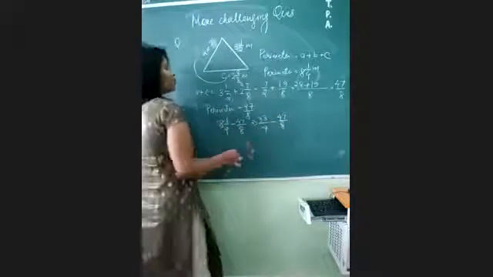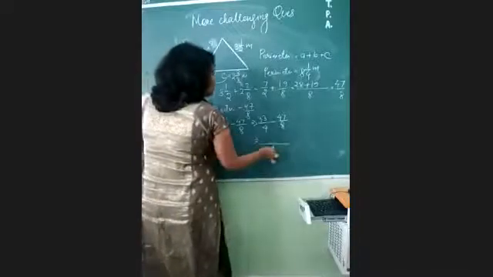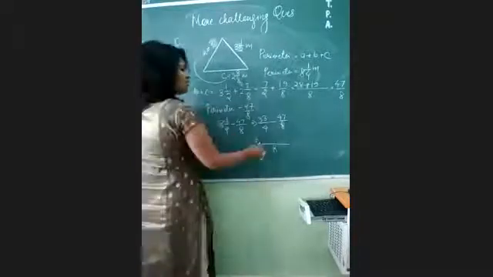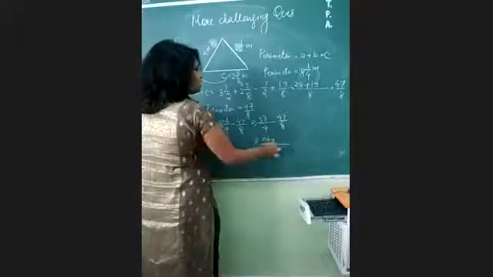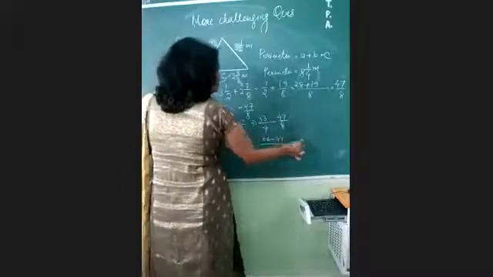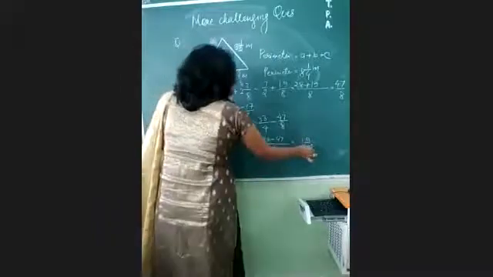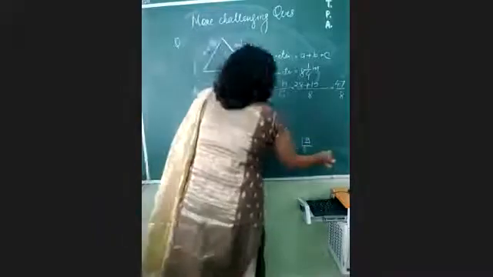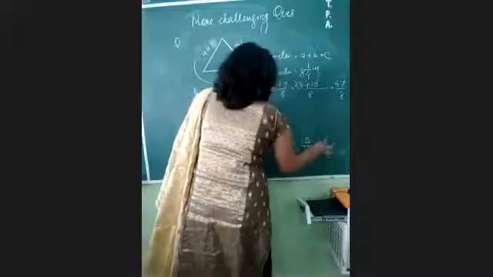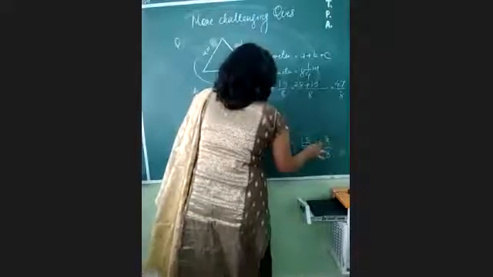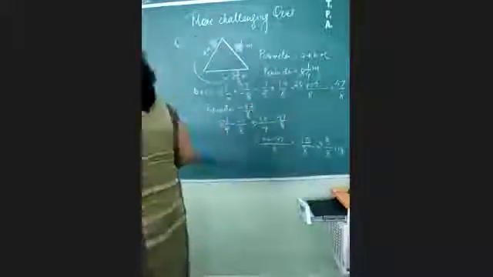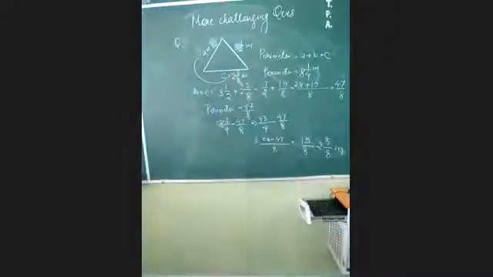Now when you take the LCM, you will get 8. It will give you 66 minus 47. It will give you 19 upon 8. Finished. The same process, the same values as we did in this question.